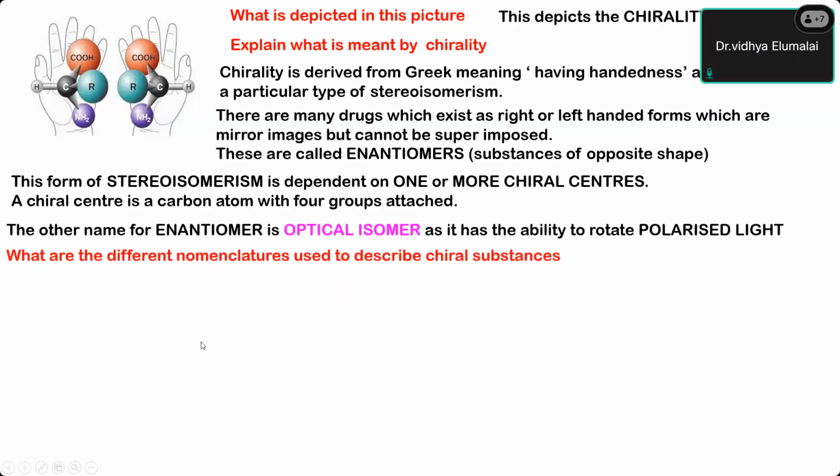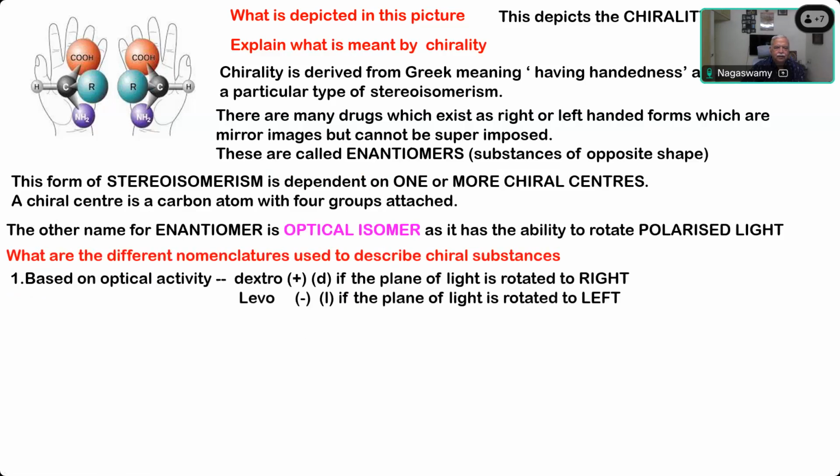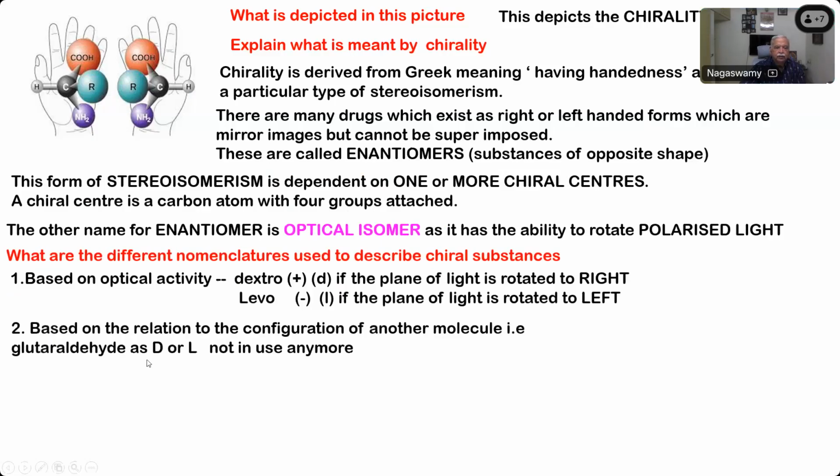Levo, dextro, very commonly all of you know that. Based on optical activity, they can be dextro if they rotate the light to the right, levo if they rotate the light to the left. Based on relation to the configuration of another molecule, that is glyceraldehyde, is D and L, which is not in use anymore.